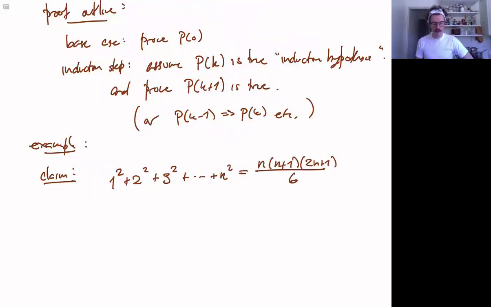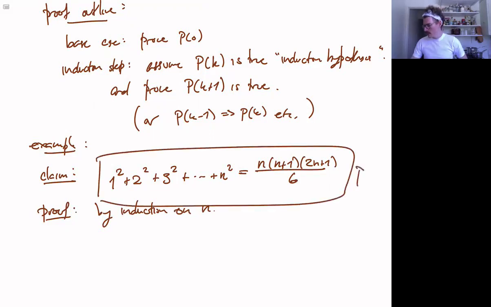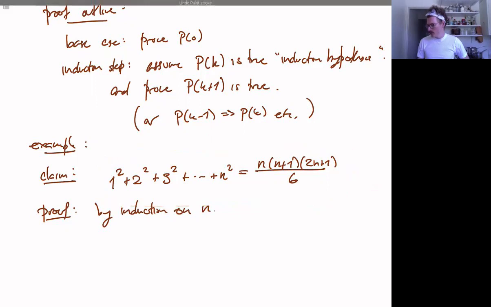So we have this nice formula for the sum of the first n squares, and we will prove it by induction on n. So what we're saying here is that this statement is what we're calling P of n, and we will induct on n to prove this result.